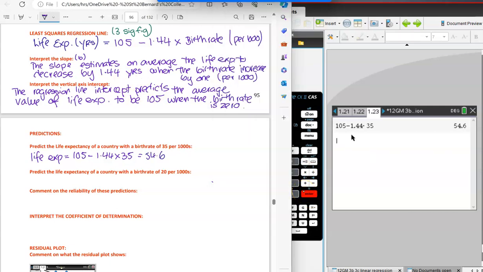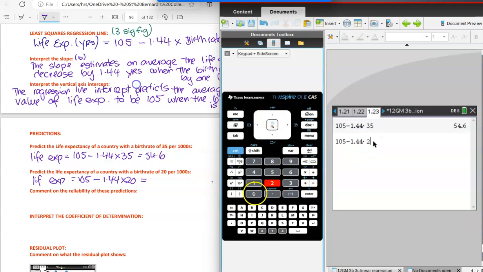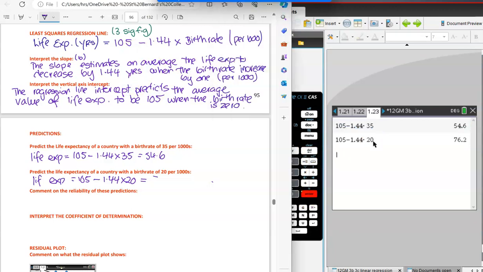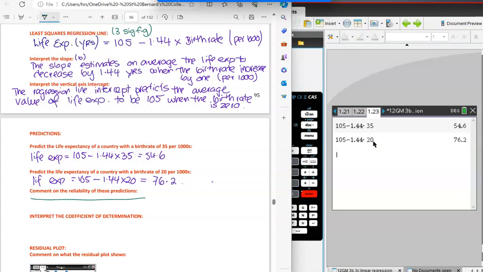And then they asked me for one where the birth rate was 20. So I'm going to do the same thing but times 20. So on my calc, I'm just going to highlight that, change that to 20. So I get 76.2.